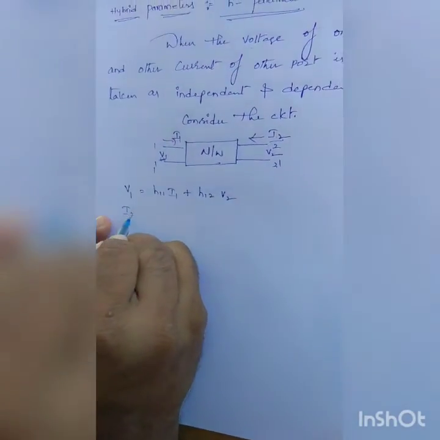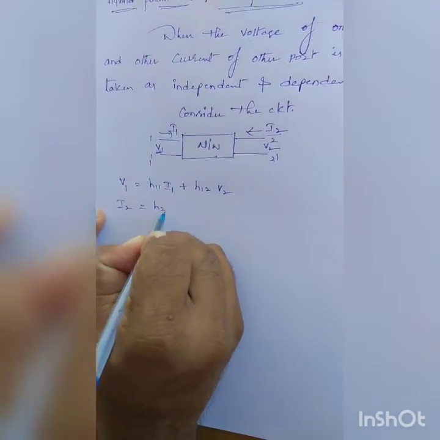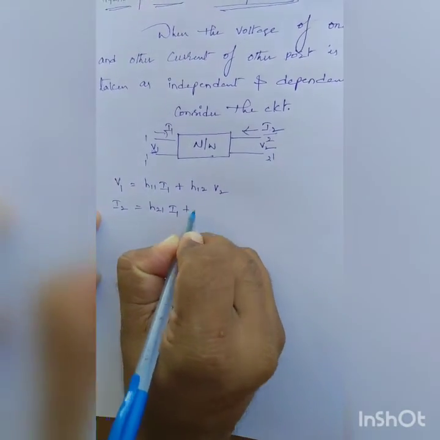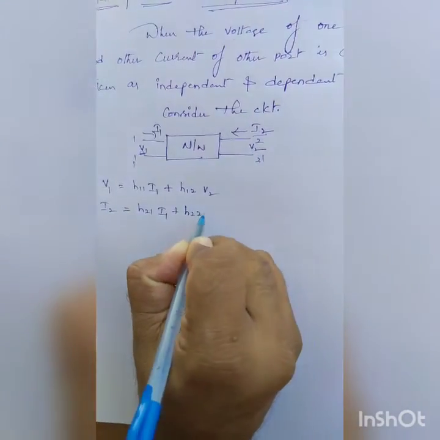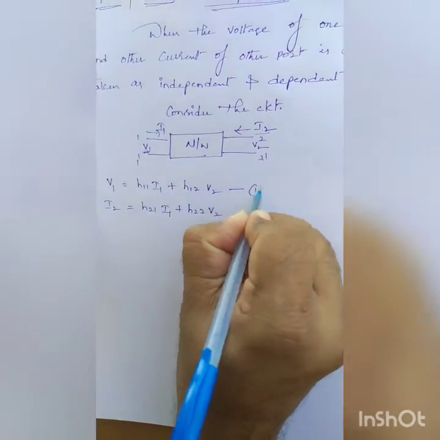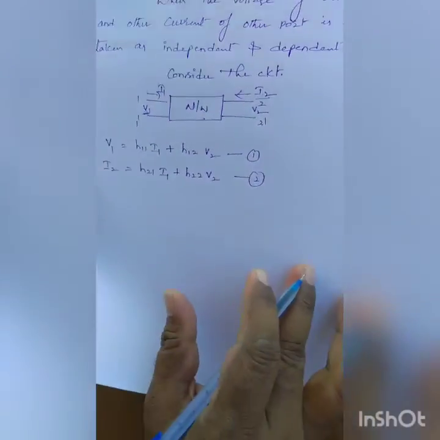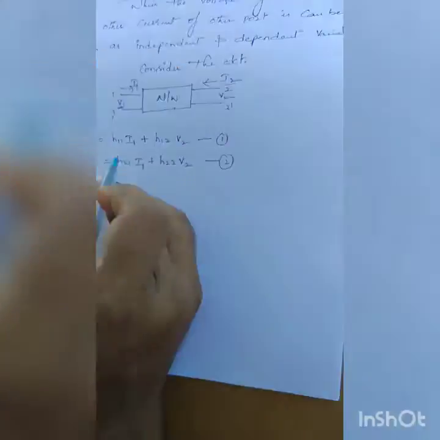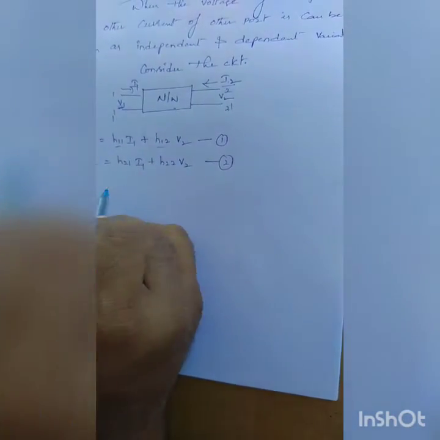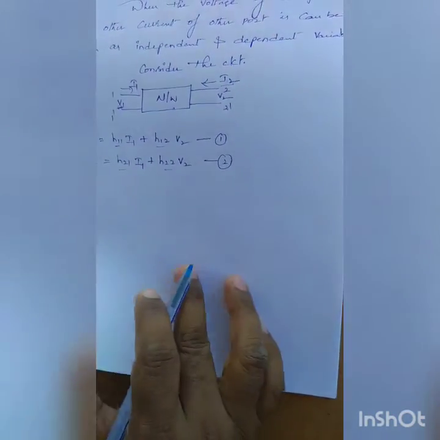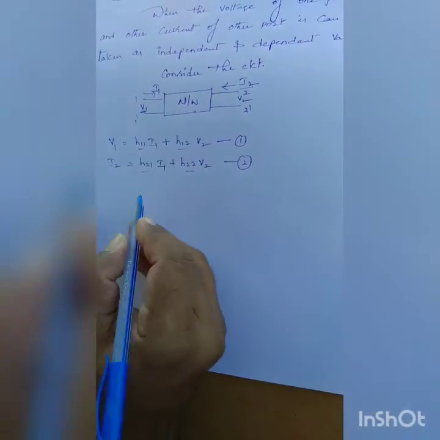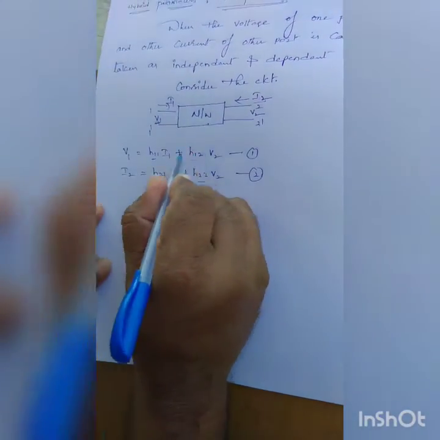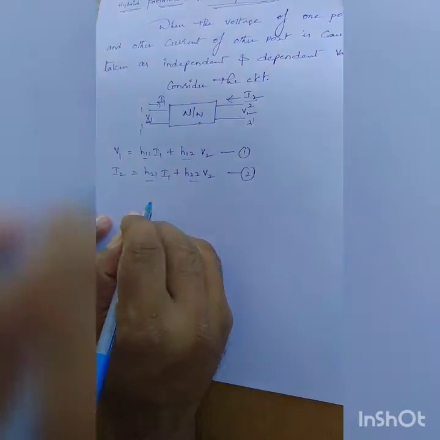Then I2 is equal to H21 I1 plus H22 V2. By using these two equations, we have to find out the H11, H12, H21 and H22 values. These two equations are called H parameters.